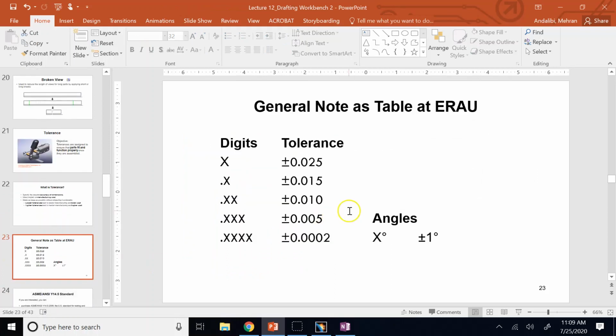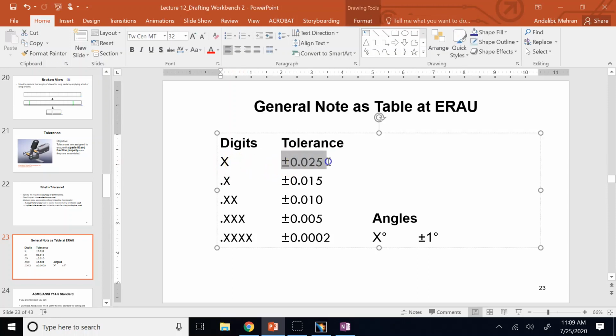So for example, when you send something to the machine shop here at ERAU, again, if a dimension of a part is, let's say, 10 inches, if you say, hey, I want it at 10, that means the tolerance the machinist has to observe is 10 plus or minus 0.0025.